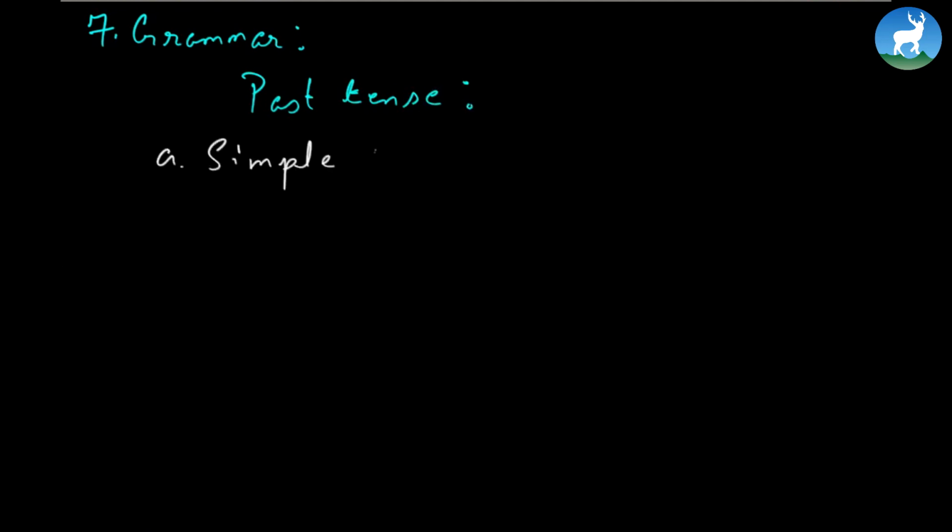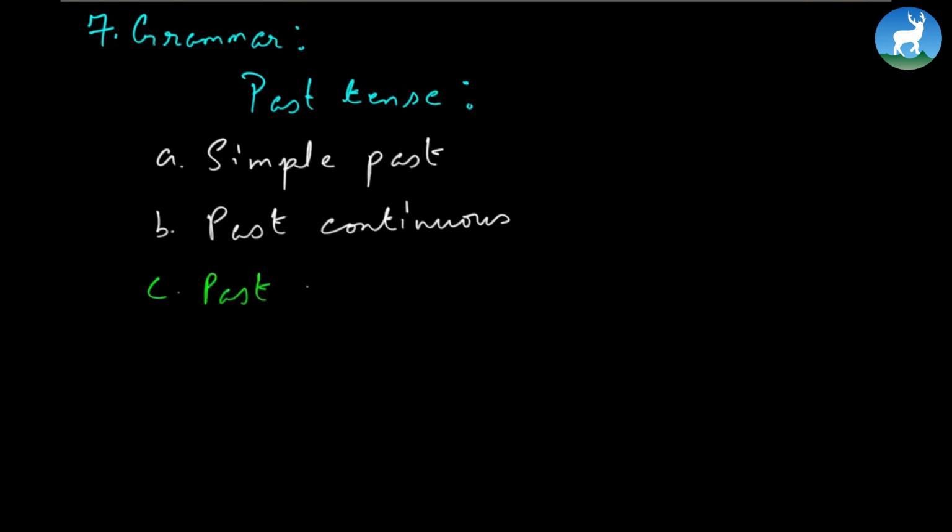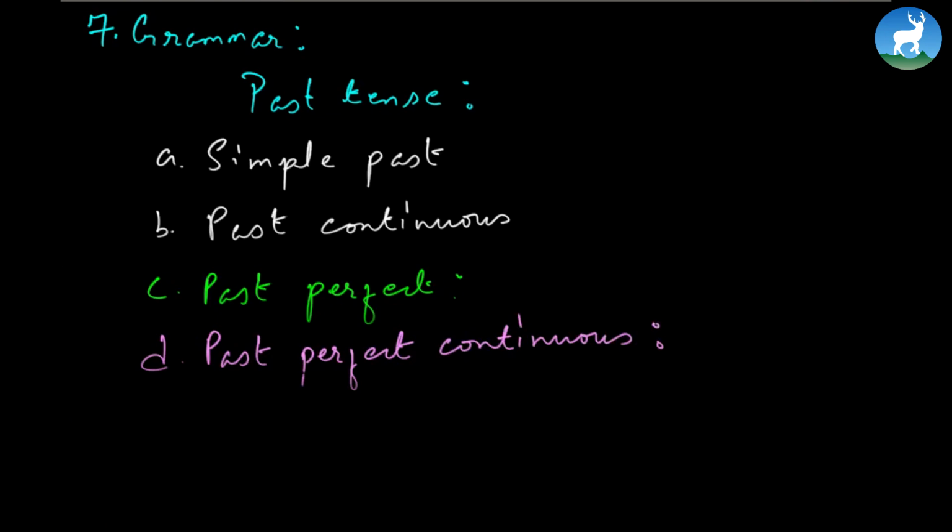Now, this particular grammar portion we are dealing with here. If I'm to write past tense, we have 4 types of past tense. One, call it simple past. Next, past continuous, then past perfect, and past perfect continuous. If you have to remember its auxiliary, simple past uses did.